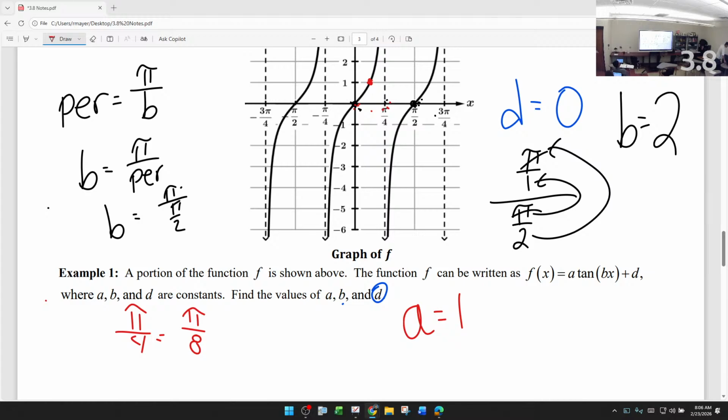We're trying to figure out what A is. There you are. Reopen it? I can't reopen it. He closed it. You're a doofus.